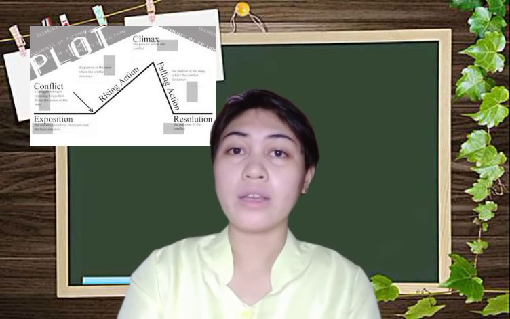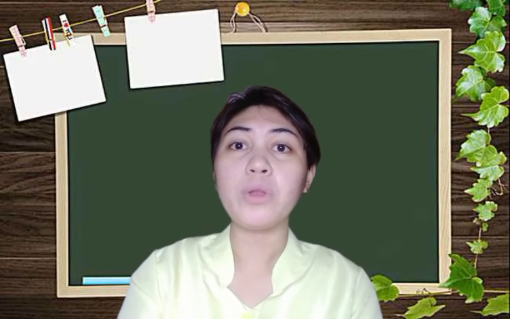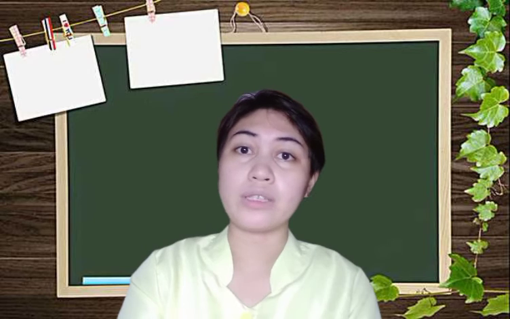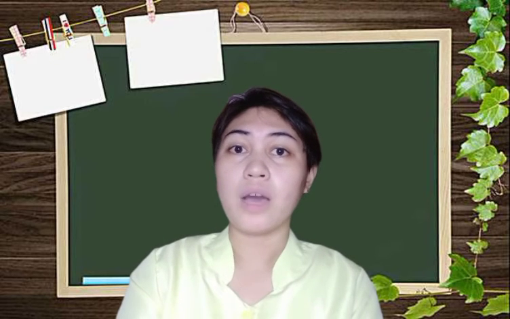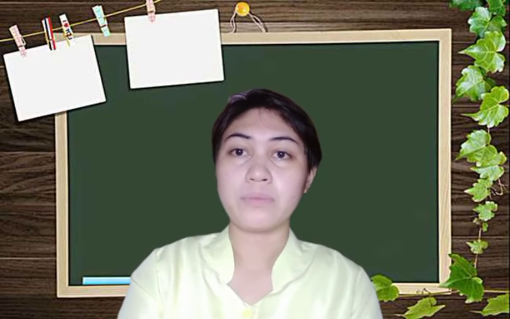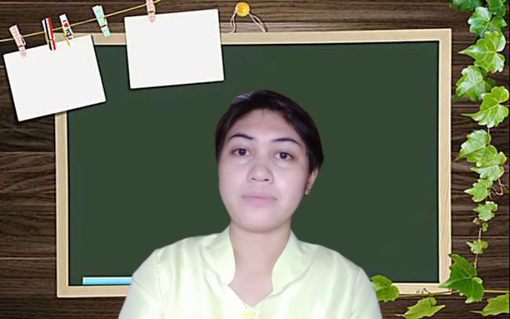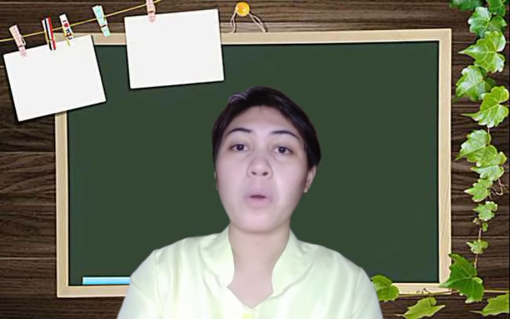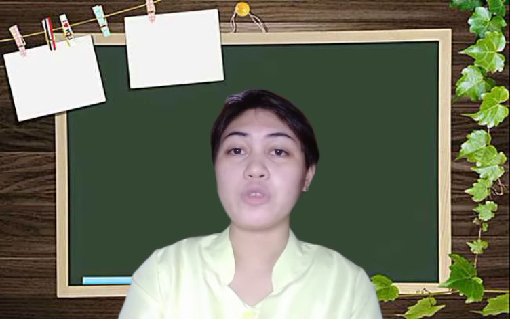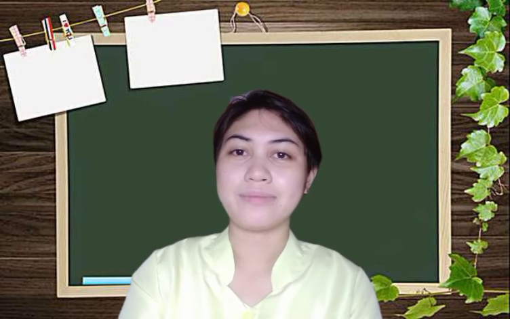You would draw an arc and that would serve as your story map and write all the necessary details. What you will only write is just the necessary parts of the elements. No need to copy all the sentences in the story. You can also write or summarize it in your own words. Write your answers in a whole sheet of paper, and you have 20 minutes to do that.